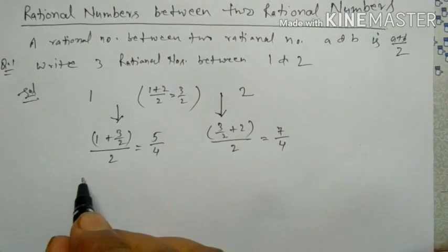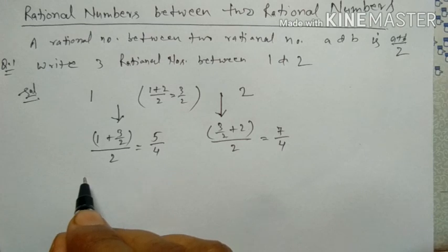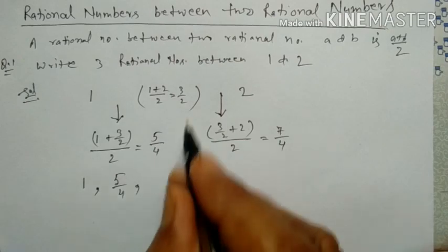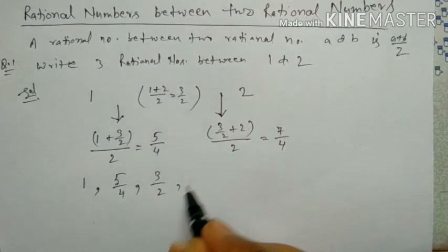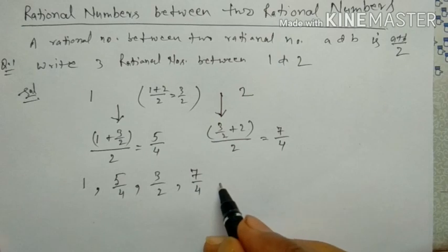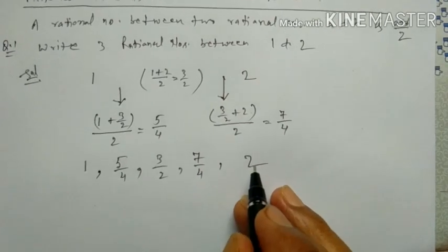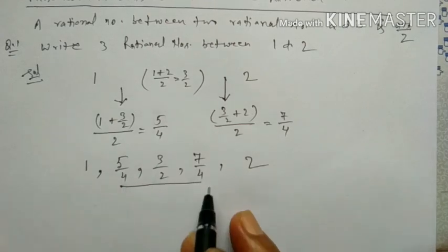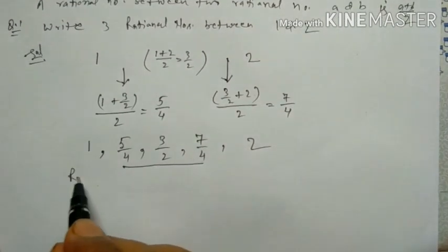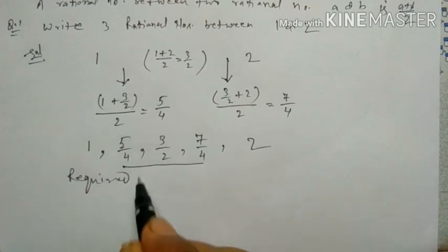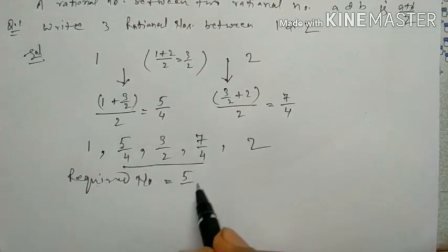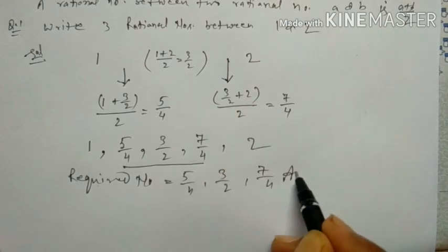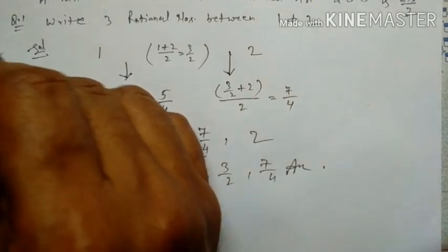So the numbers are 1, then 5 by 4, then 3 by 2, then 7 by 4, and then 2. These are the three numbers between 1 and 2. So the required numbers are 5 by 4, 3 by 2 and 7 by 4. This is the answer. This is the first method.